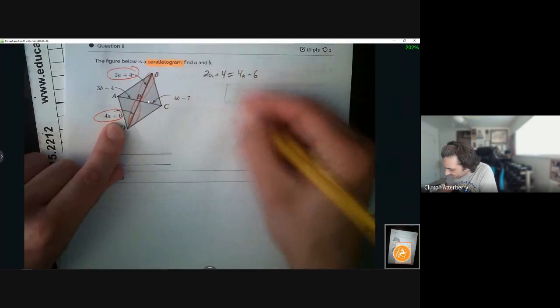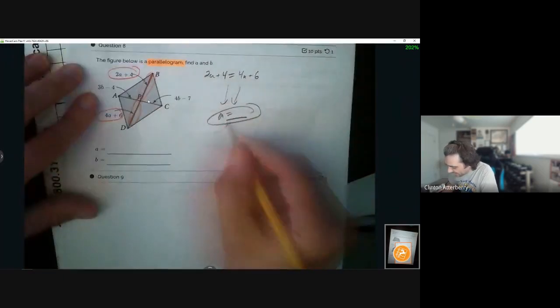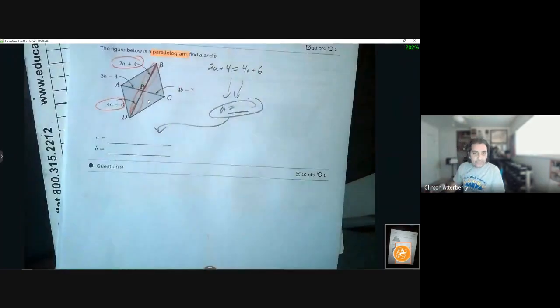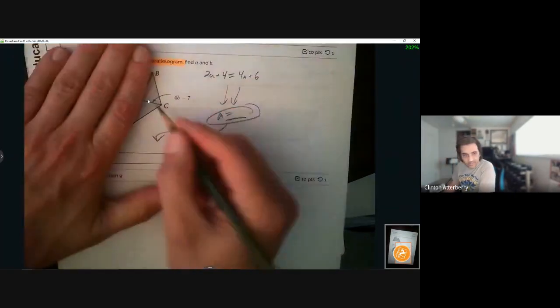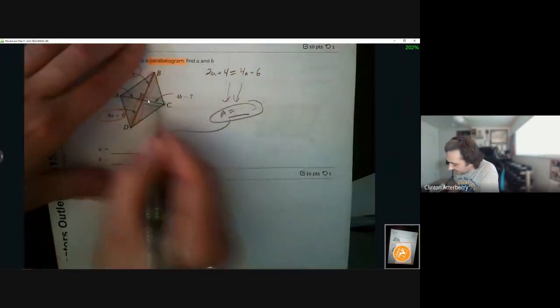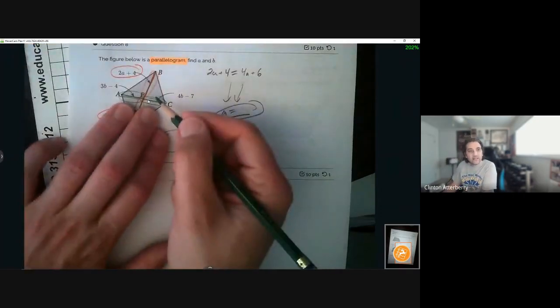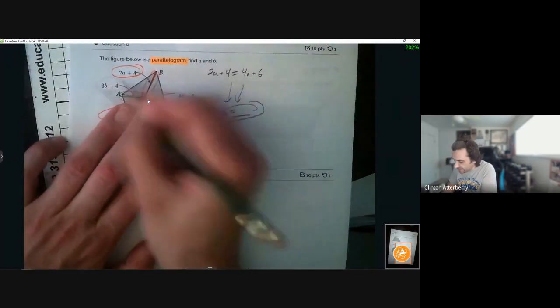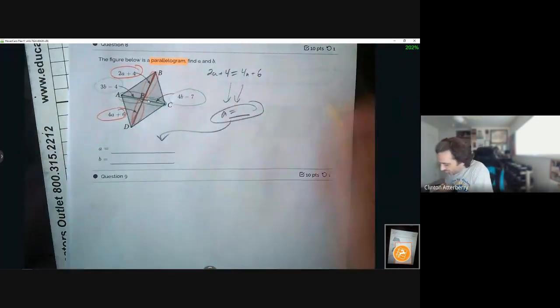I would do my algebra and solve my equation, and that would be equal to a. That's half of it, and the other half is the same thing. This piece and this piece are also the same length, which means 3b minus 4 equals 4b minus 7.